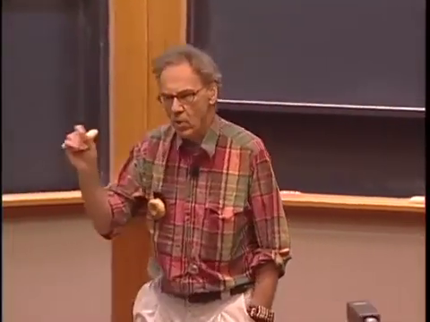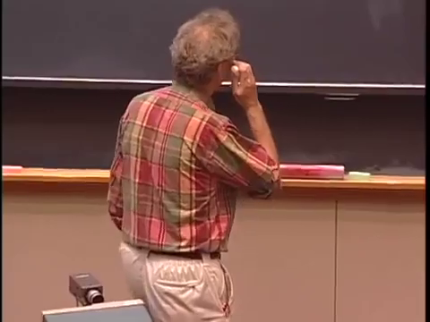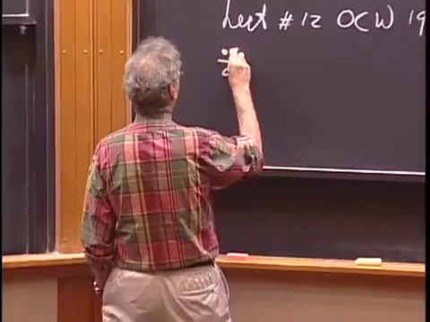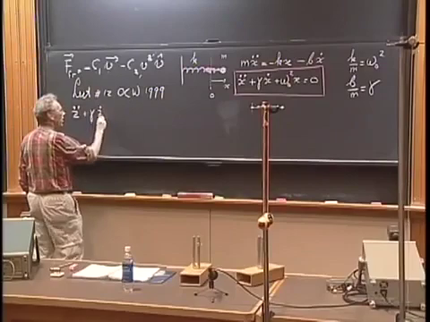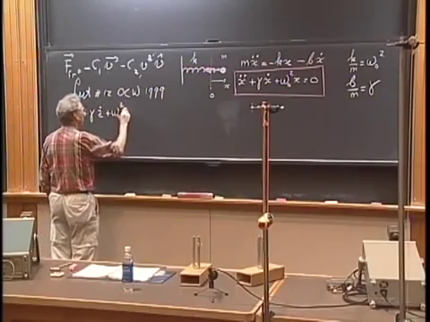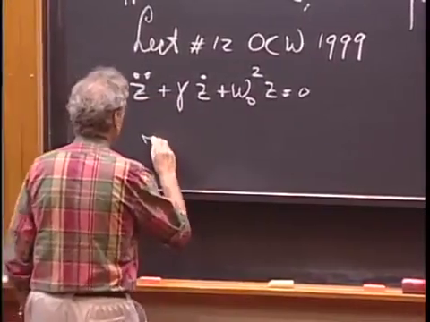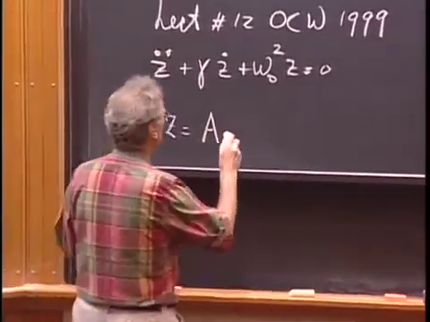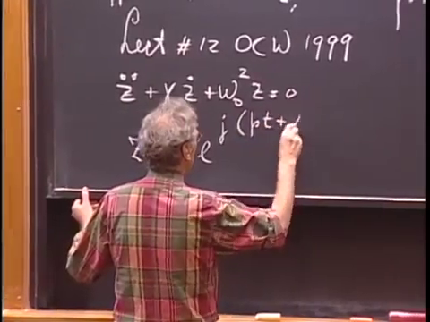We're going to jump to the complex plane. This is a beautiful example where the complex solutions really come in handy. So I'm going to change this equation to z, which is now a complex notation: z double dot plus gamma z dot plus omega 0 squared times z equals 0. And then my trial function z is some amplitude A times e to the power j(pt plus alpha).